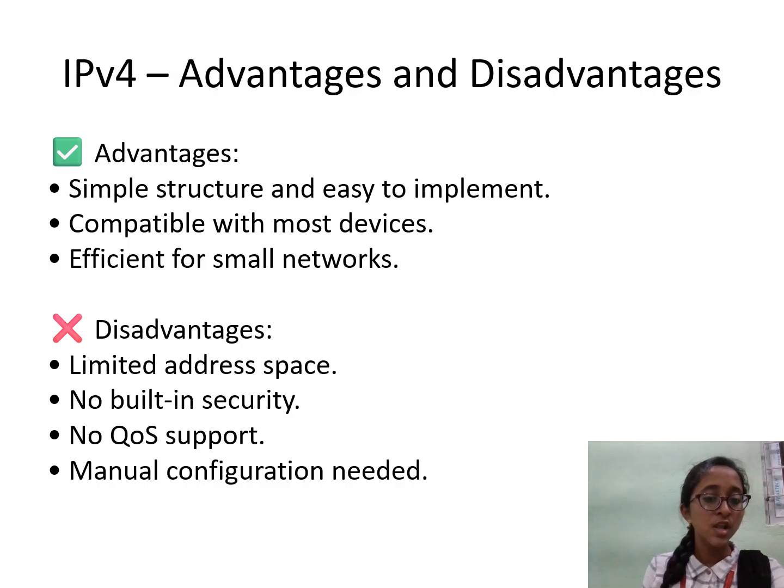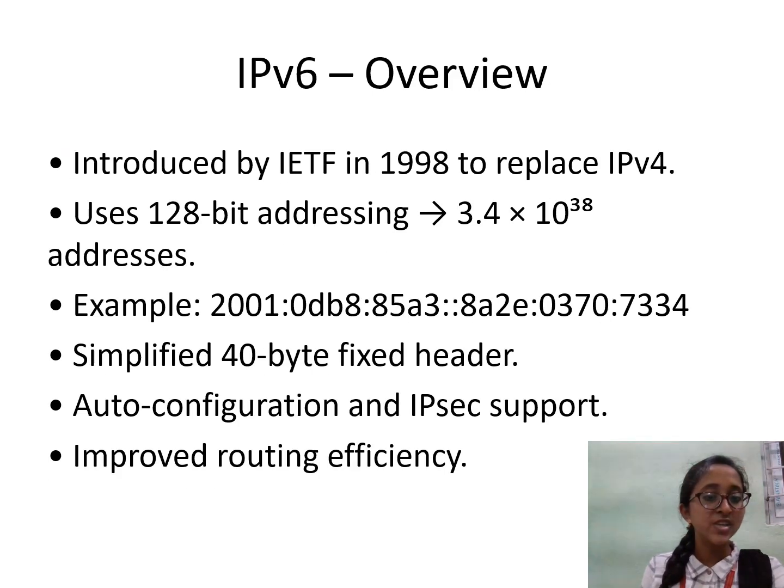Now, look at IPv6. Introduced in 1998, it uses 128-bit addresses. That means 3.4 times 10 to the power 38 unique addresses. It also has a simplified header of 40 bytes and built-in IP security support.